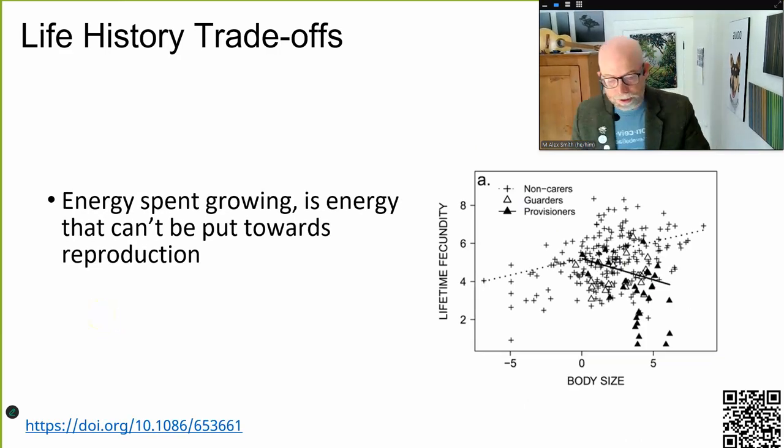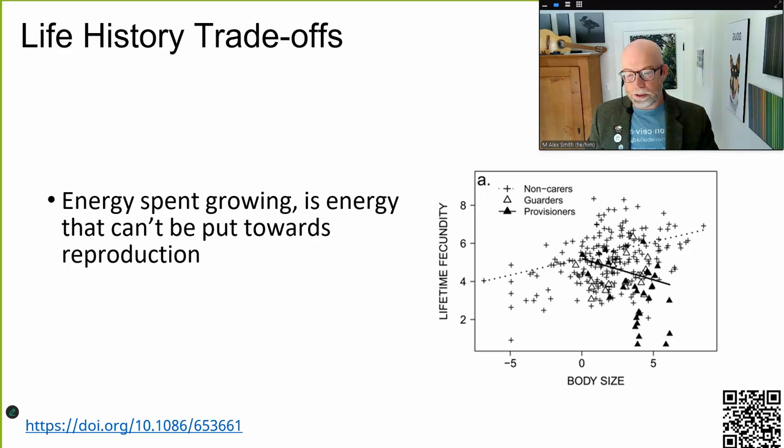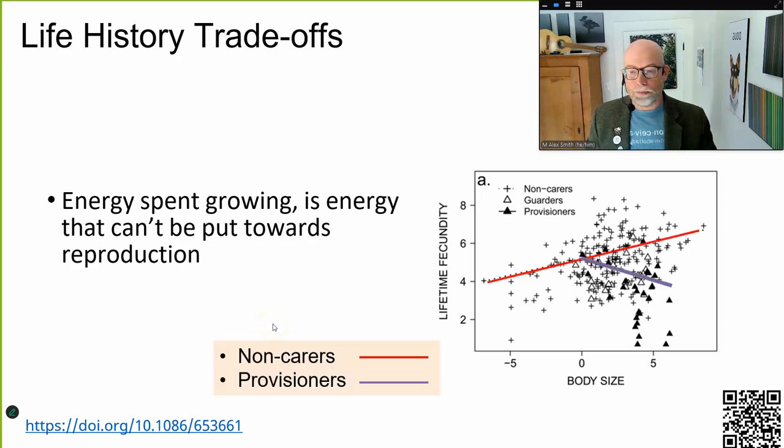So this is kind of an interesting example where there are females laying eggs, and there's two behaviors that are expressed by the females. They can either guard those eggs, they can provide provisions for the eggs, or they can just lay them and move on. And I'll add some color here to show some of the differences. So the non-carers, essentially, and it's the top and the bottom category.